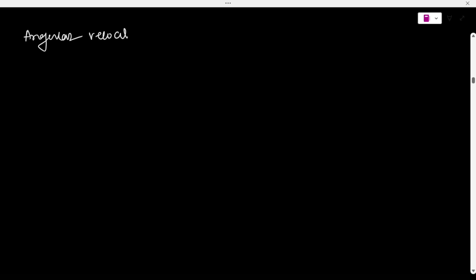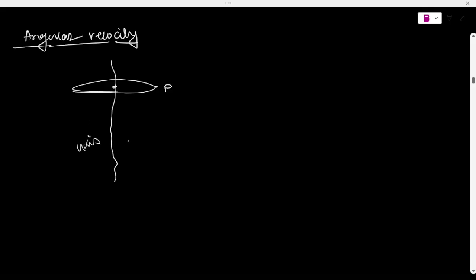What is the angular velocity? Let's say this is a circle, and this point is named P, and this is the middle point, named A. From the middle point to this point we take an axis, connected with P with R, and the angle between them will be theta.